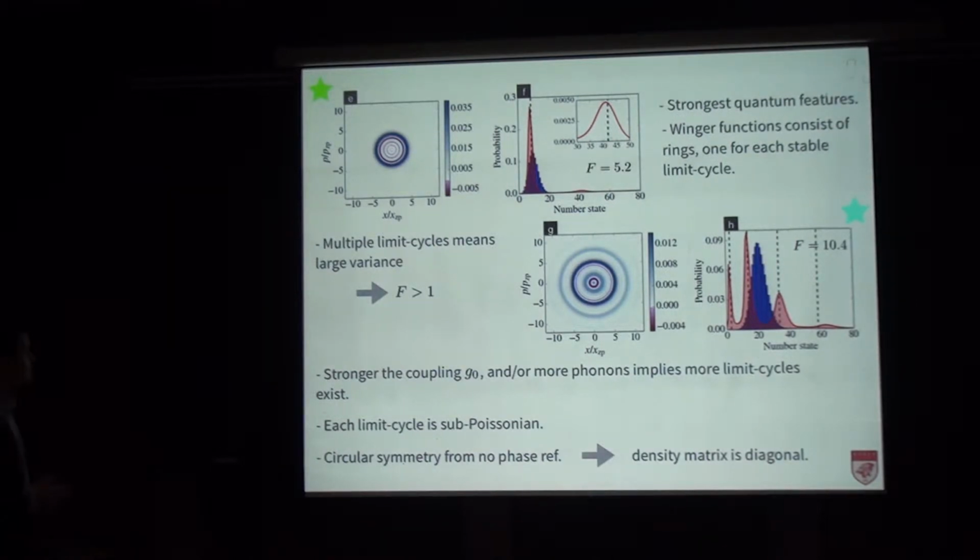I find that the mechanical degree of freedom actually has 2 different vibrational amplitudes, 2 different limit cycles. I have a big peak here around n equals, let's say, 10, and I have another one here that's around n equals 42. I told you in the semi-classical analysis you could have multiple oscillation amplitudes.